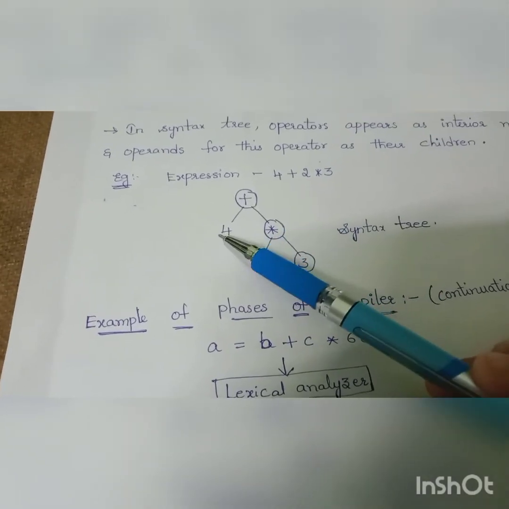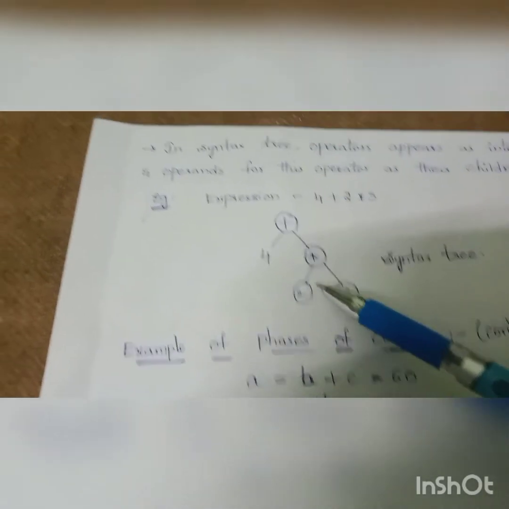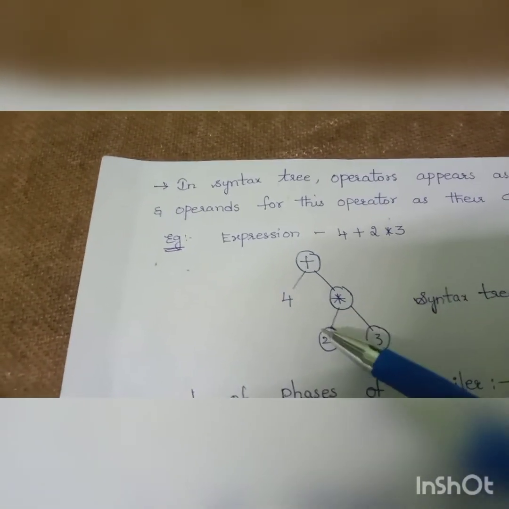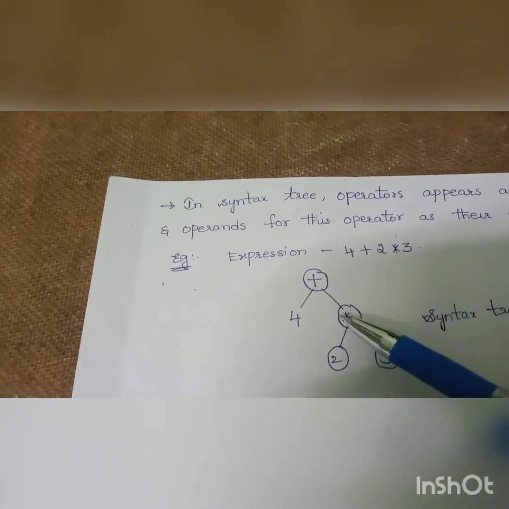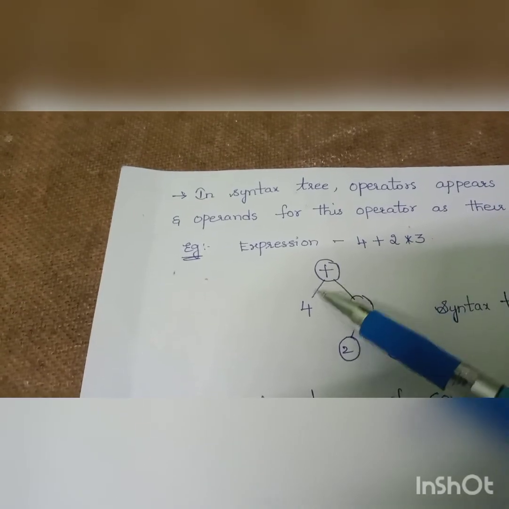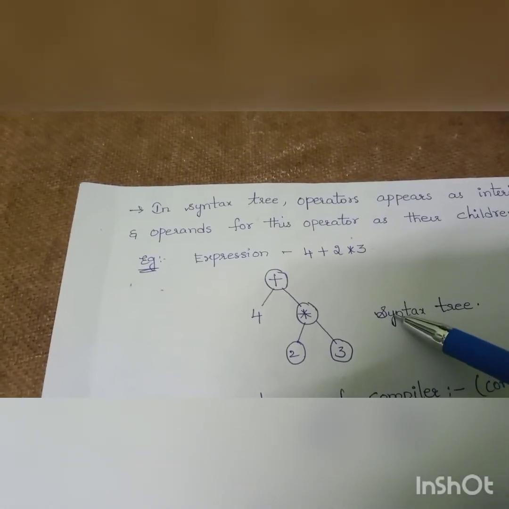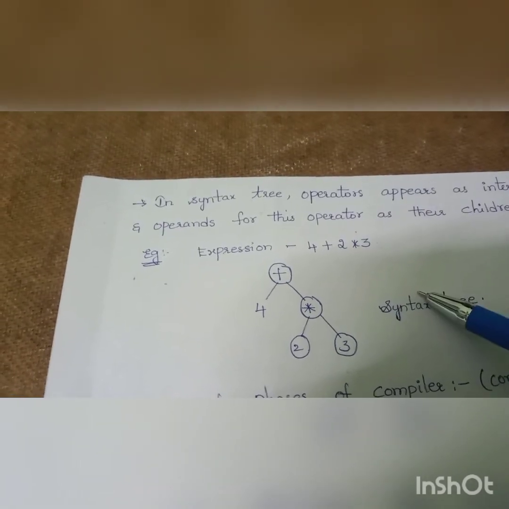To this we have taken 4 and star, and to star we have taken 2 and 3. That means first 2 into 3 is performed, and the answer we get is added with the 4. So the syntax tree is nothing but the compressed version of the parse tree.